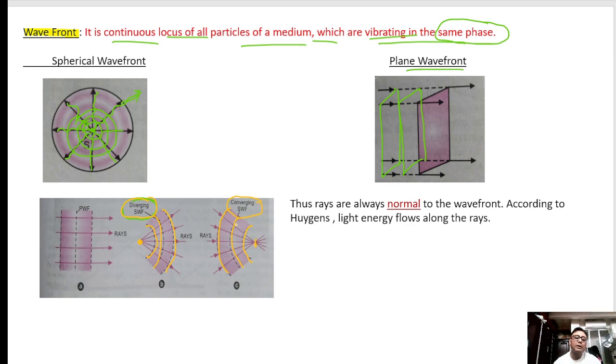Here, as you can see, the rays are always normal to the wave front. This is a ray which is perpendicular to the wave front.